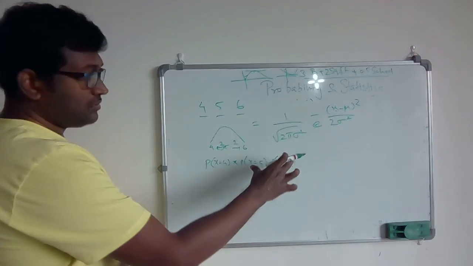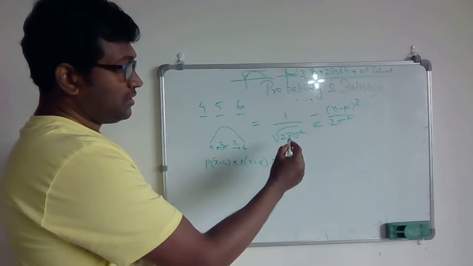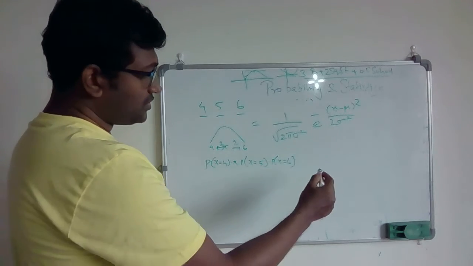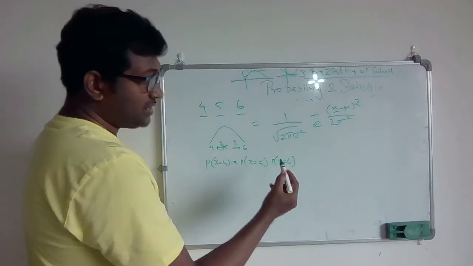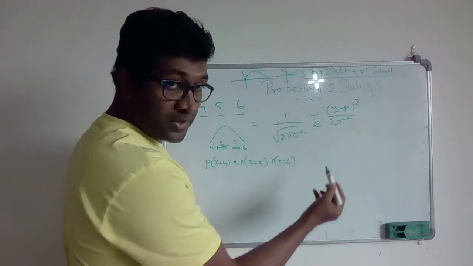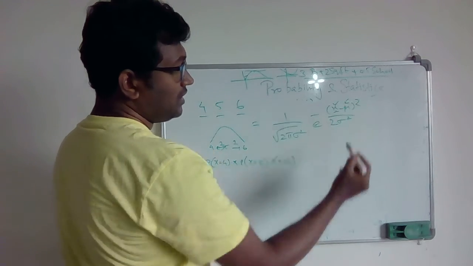And if you do the same process I explained, take the derivatives and set them to 0, you can find the values: the partial derivative with respect to x and the partial derivative with respect to mu. You will be able to find x and mu.